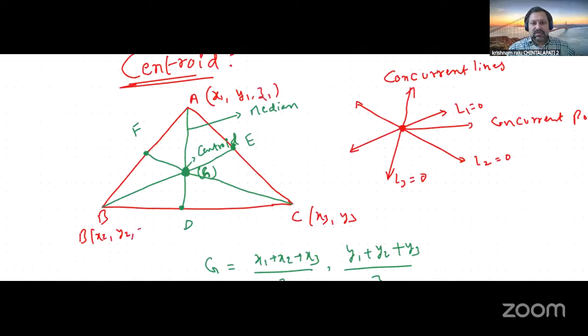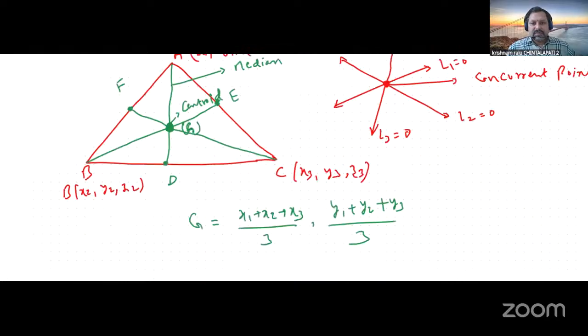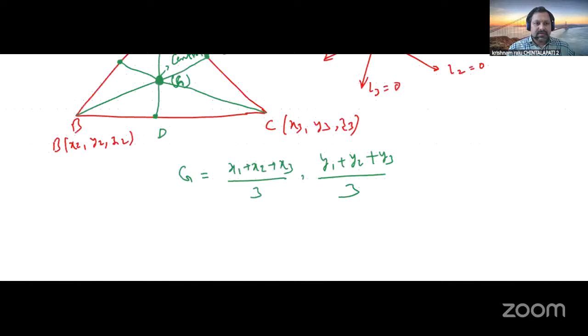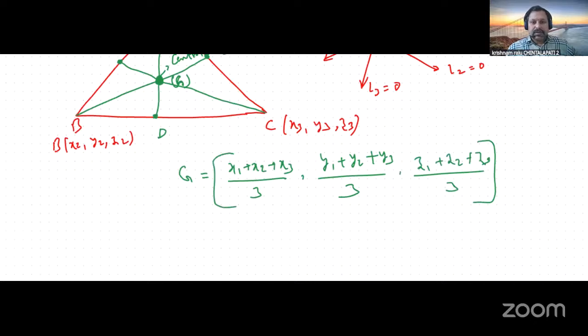You just get one more coordinate in terms of z, that is z1 plus z2 plus z3 by 3. So this is the centroid of a triangle ABC. Clear, everybody?